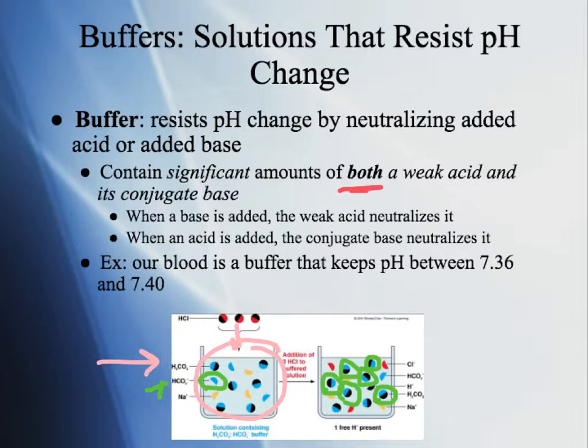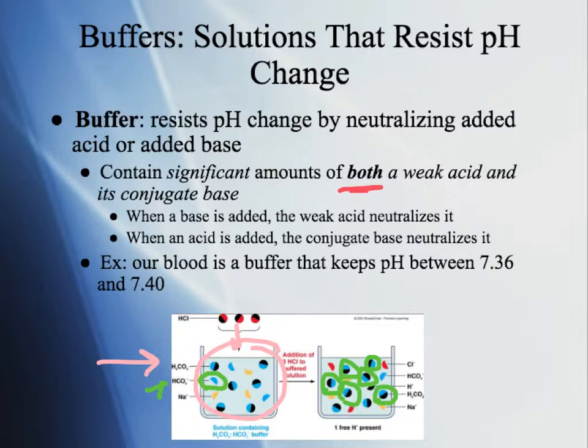So we want to make sure that we keep our bodies at a specific pH range that's very tight. And just an FYI, if your blood pH drops below 7, if it gets too acidic, or if it gets above 7.8, too basic, then death results.